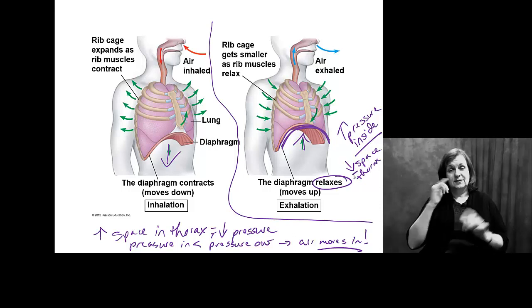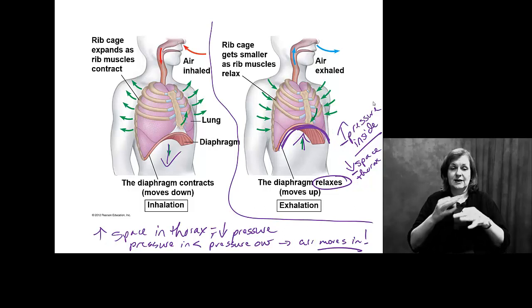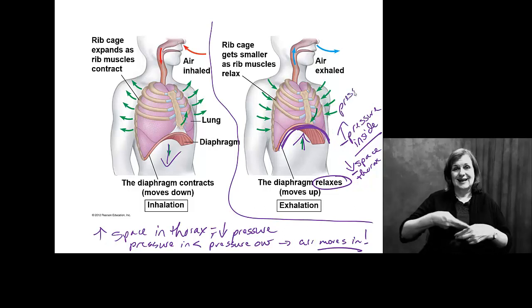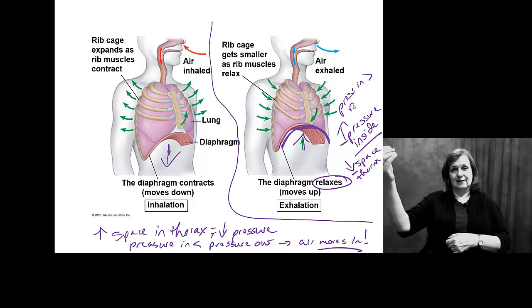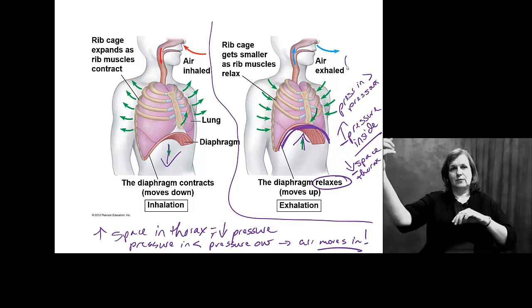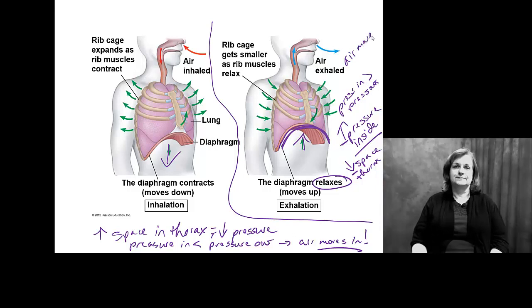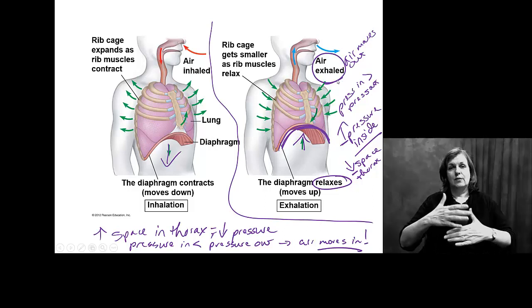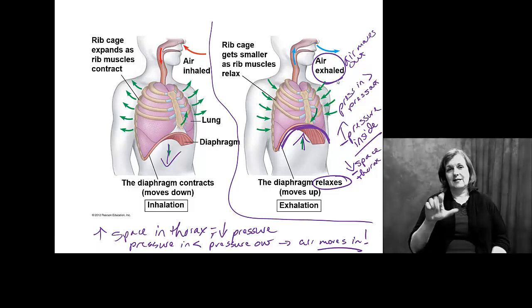If you decrease space, you increase pressure. And when you increase pressure inside, now the pressure in is greater than the pressure out. Air wants to move out. And you exhale. That's really all there is to it.